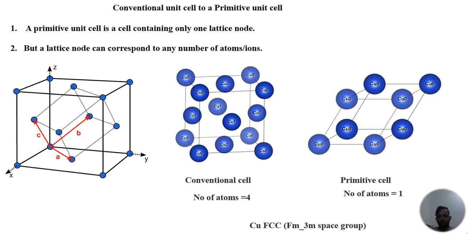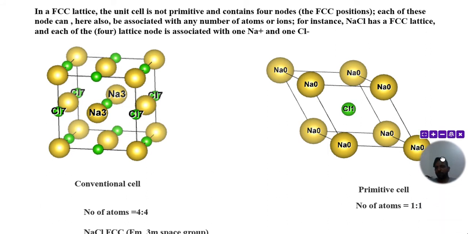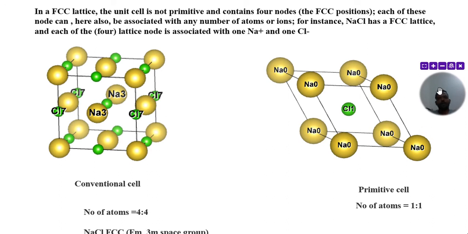Suppose now you have an FCC lattice of NaCl. It is very simple now.